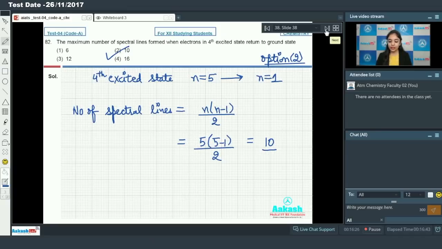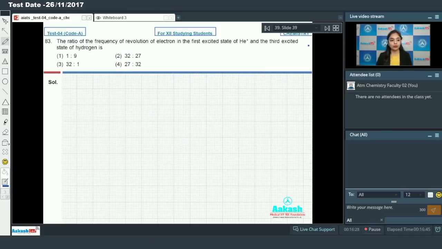Moving on to the next one, question number 83, which says: the ratio of the frequency of revolution of an electron in the first excited state of helium plus and the third excited state of hydrogen is. The frequency of revolution is directly proportional to z square divided by n cube.